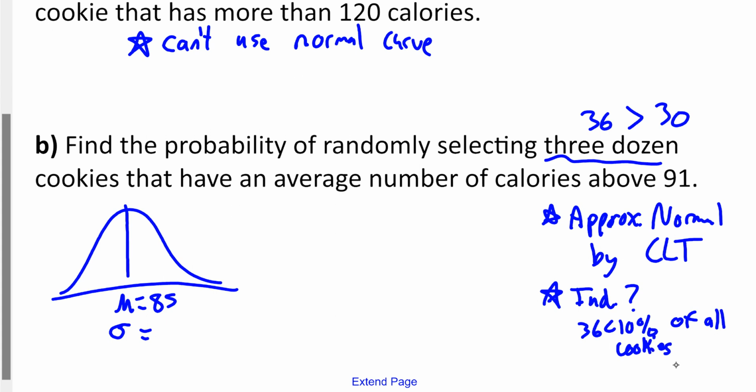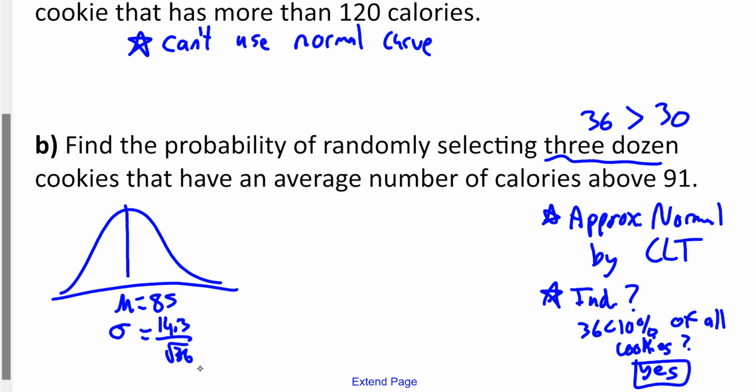Absolutely. But we need to check that. These are the things that we need to check for. Once we have those things, there's a lot more we can do. So the sigma was 14.3, so it's going to be 14.3 divided by the square root of n, and the n was 36, which is 6.